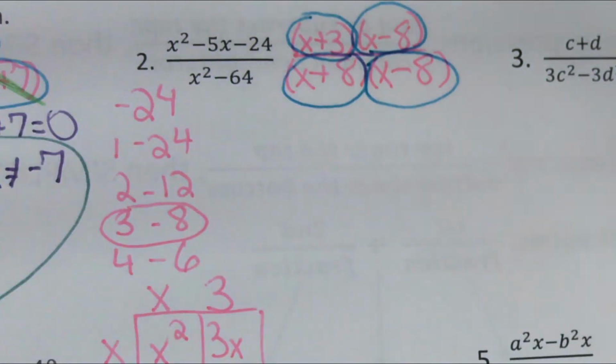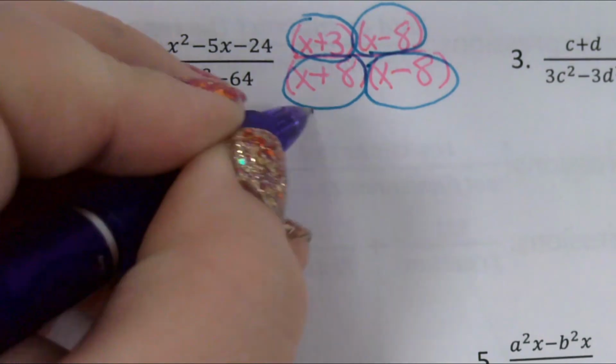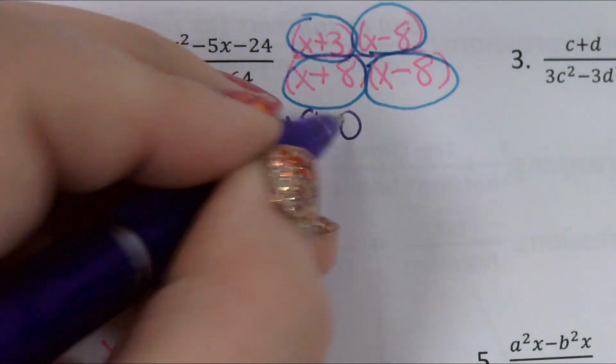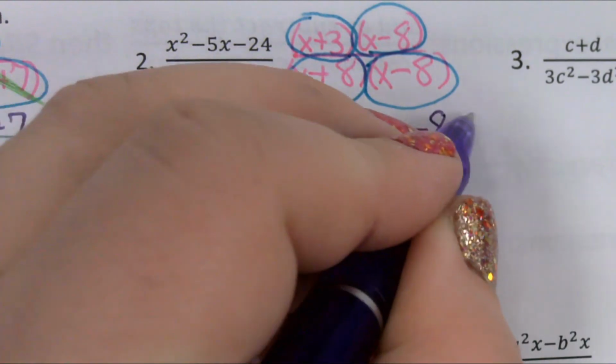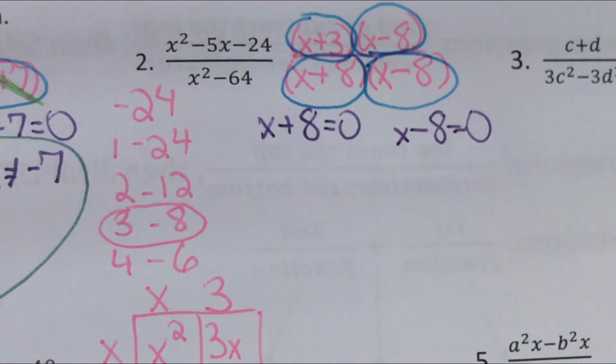Before we look for identical factors, we need to figure out what's going to make the denominator equal to 0. Take each of those factors found in the denominator, so x plus 8 and x minus 8, and set them equal to 0. I'll need to subtract 8 from both sides.